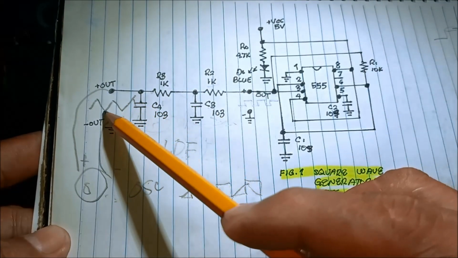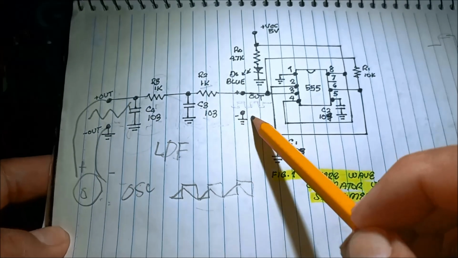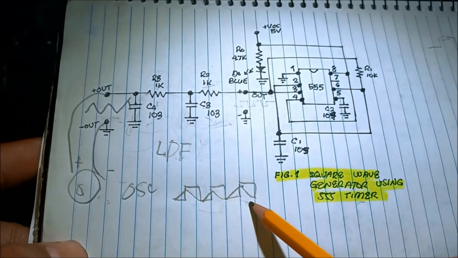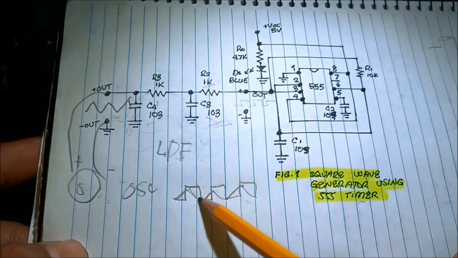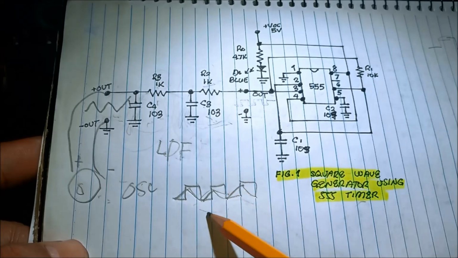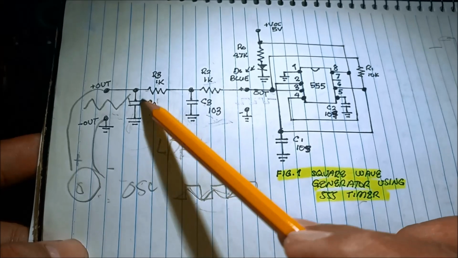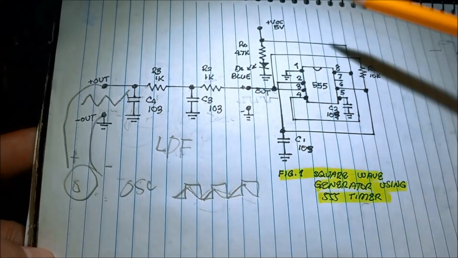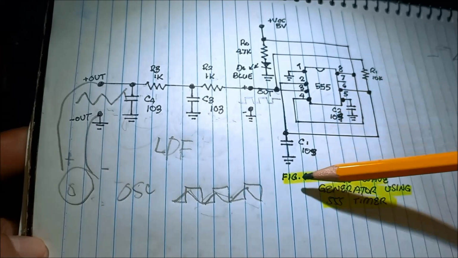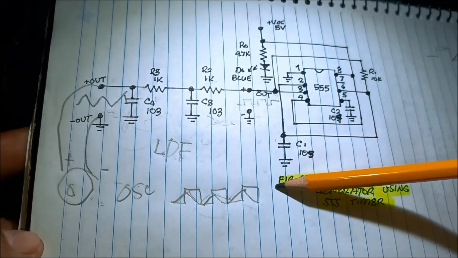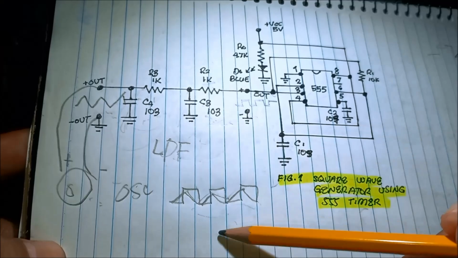Something looks like this. From a square wave, it becomes a triangular waveform due to the charging and discharging of the capacitor in the circuit. So we have now the module that is able to create a triangular waveform.